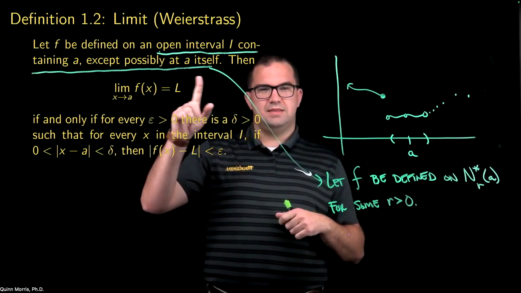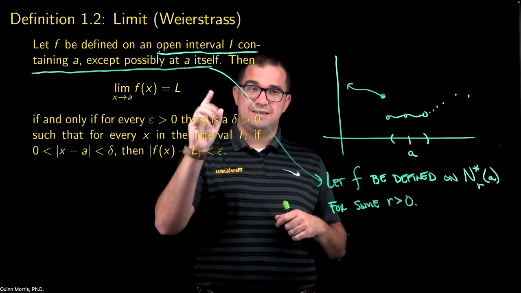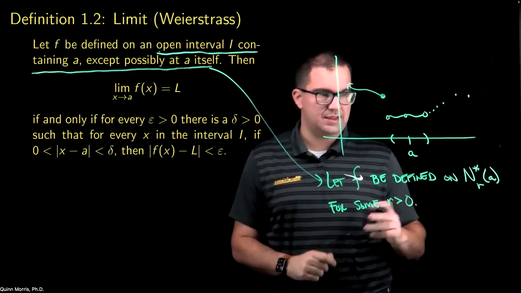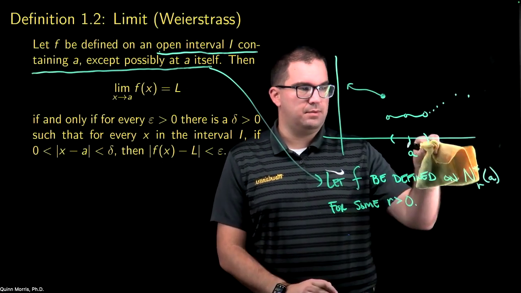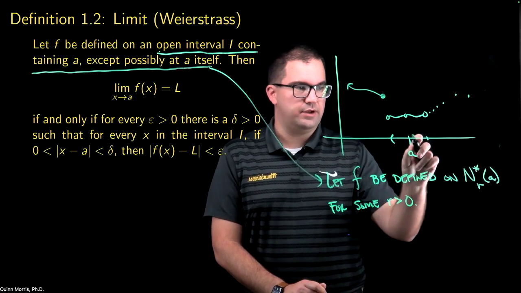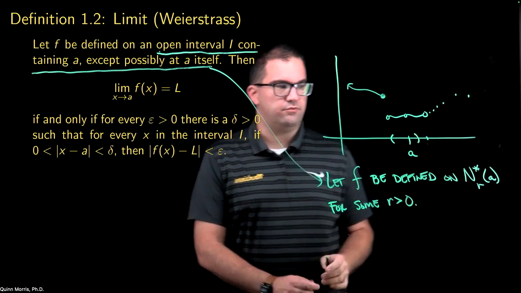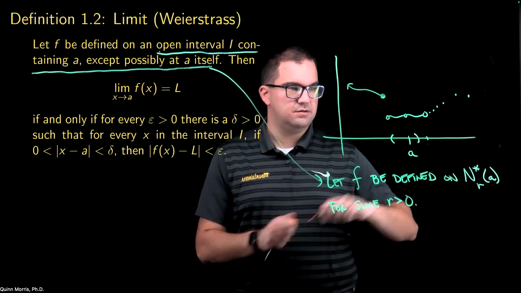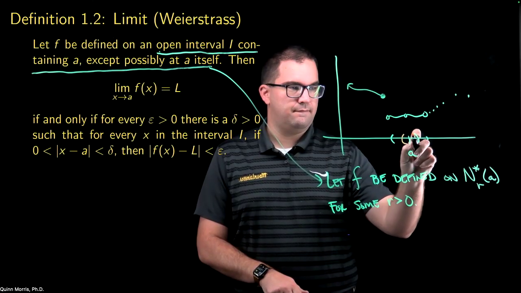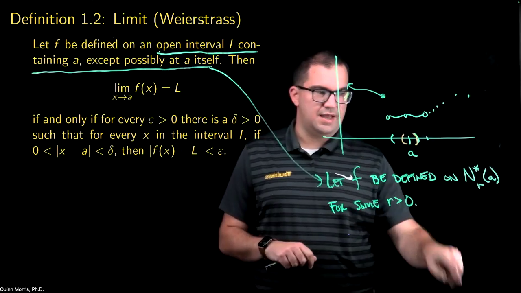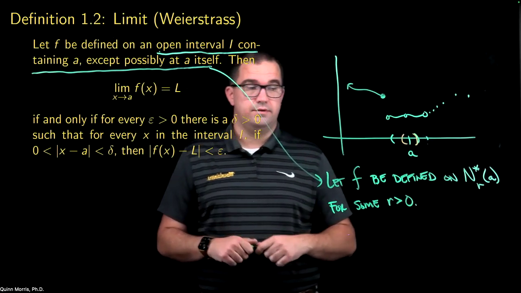Now, these are actually not exactly the same because this just says an open interval I containing A. So for example, it would be possible that this open interval could be asymmetric. So your open interval could be something like this. But if that is the case, then certainly I could create a symmetric interval around there and use that to then build my deleted neighborhood.